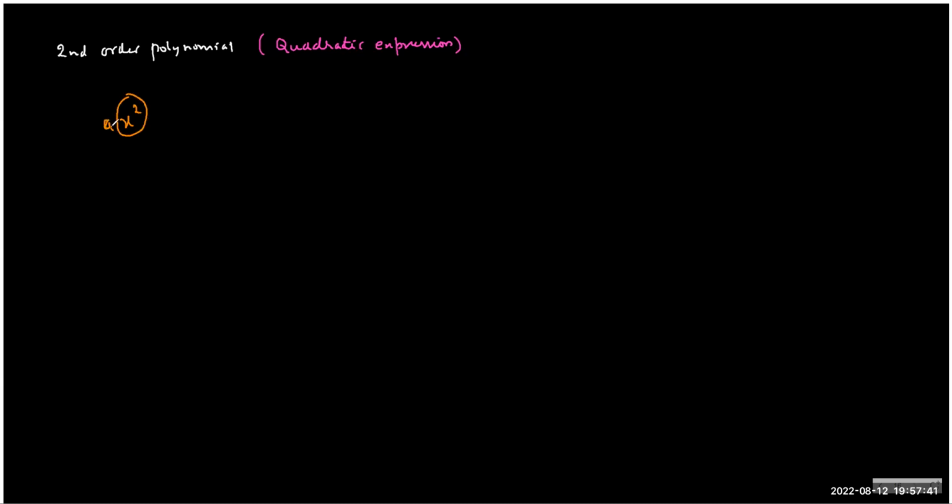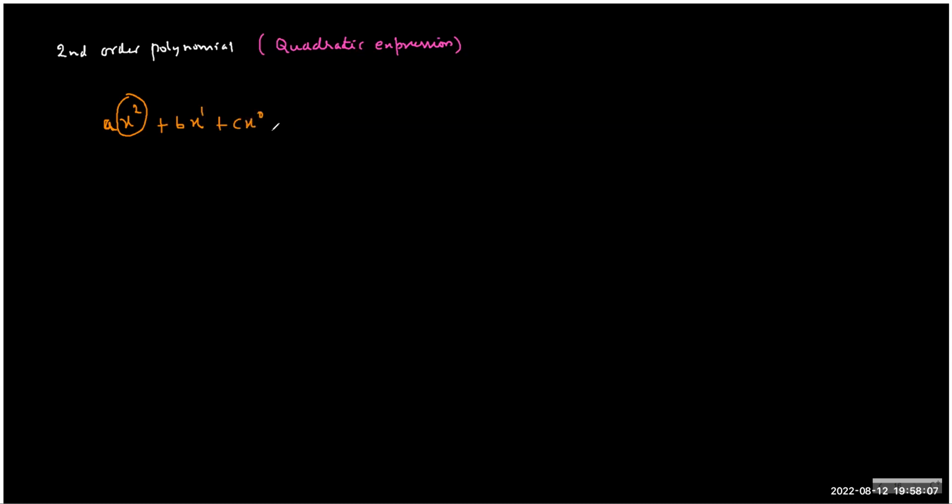So can I take a as 0? No, sir, you can't take it. You cannot take a as 0 because I want the term of x square to be part of my system. So I can take any value of a except 0. I can take some coefficient with lower powers.